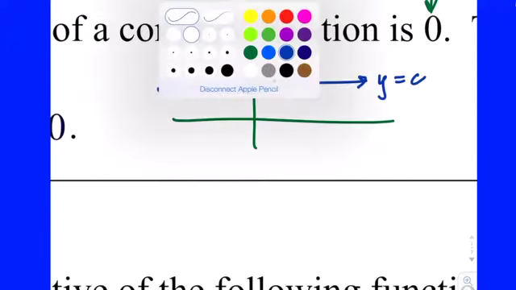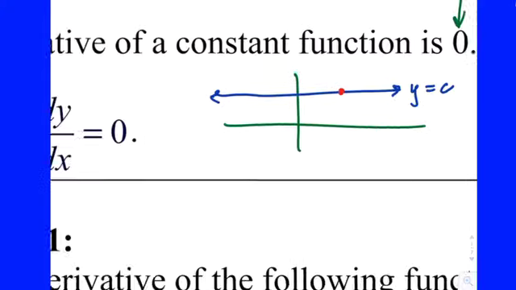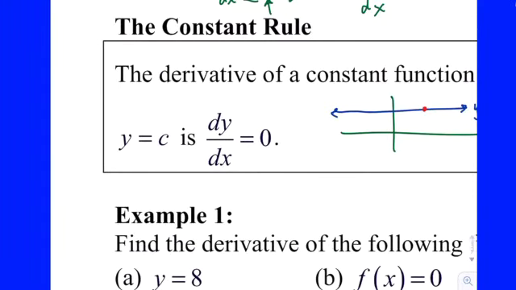If you look at it from a Newtonian perspective, it's the instantaneous rate of change. Well, if the y value is a constant, how fast is the y value changing at any point? It is not, right? By definition, it's not changing. It's a constant. So that would be the Newtonian perspective. So there you go. What's the derivative of a number?